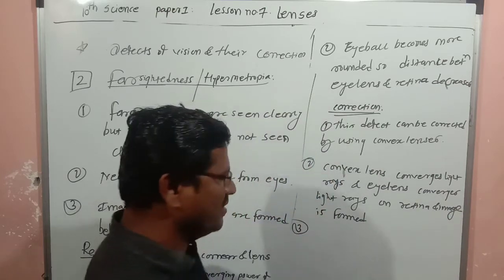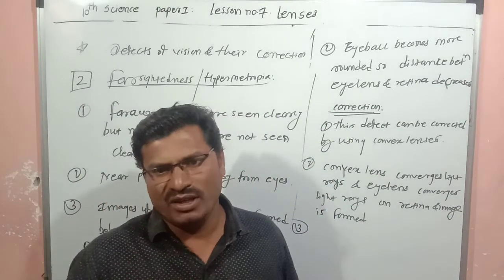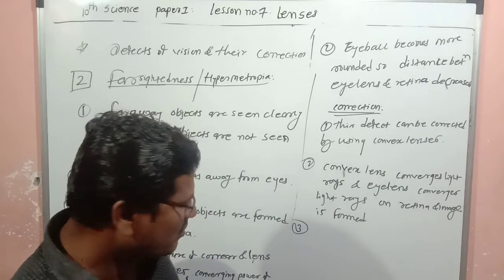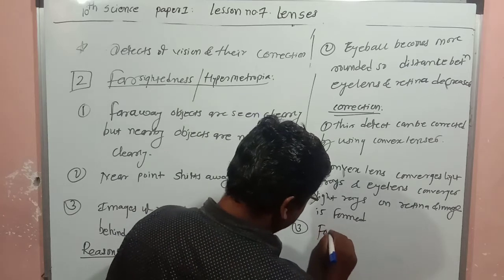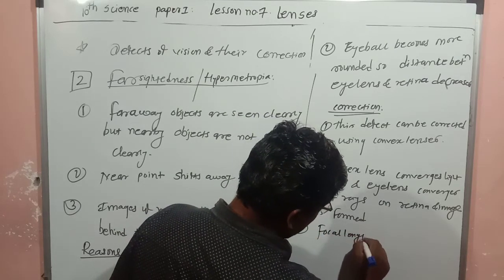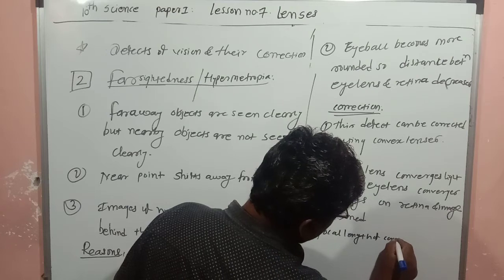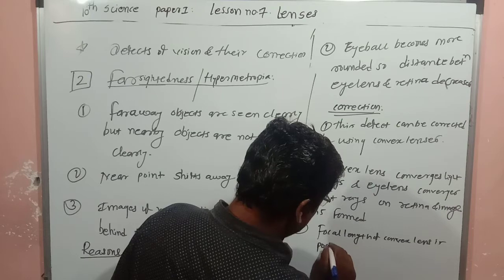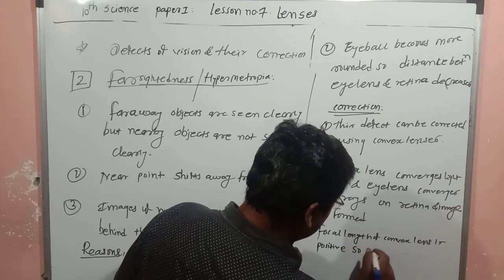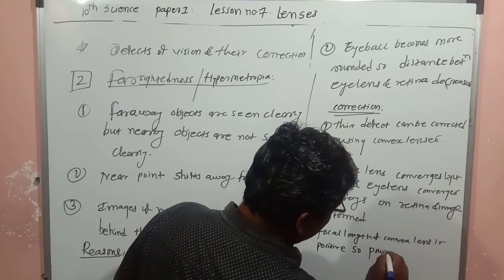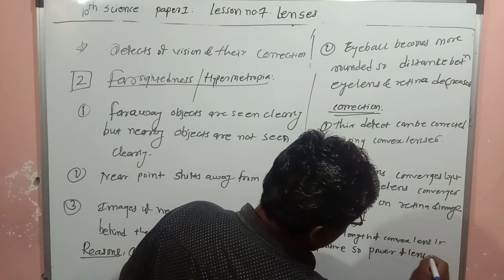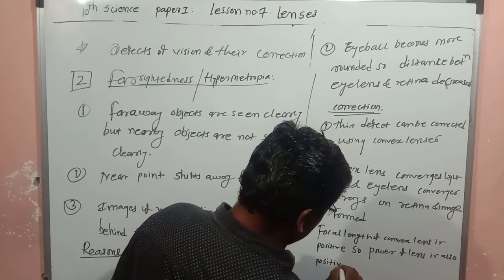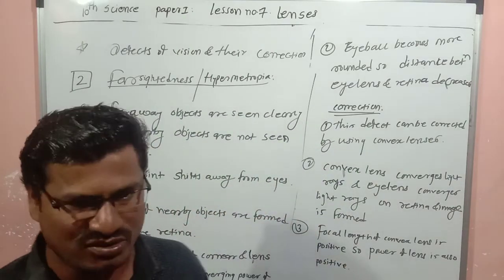And the third one, the focal length of that convex lens is positive, so the power of the lens will also be positive, so the number will be positive.